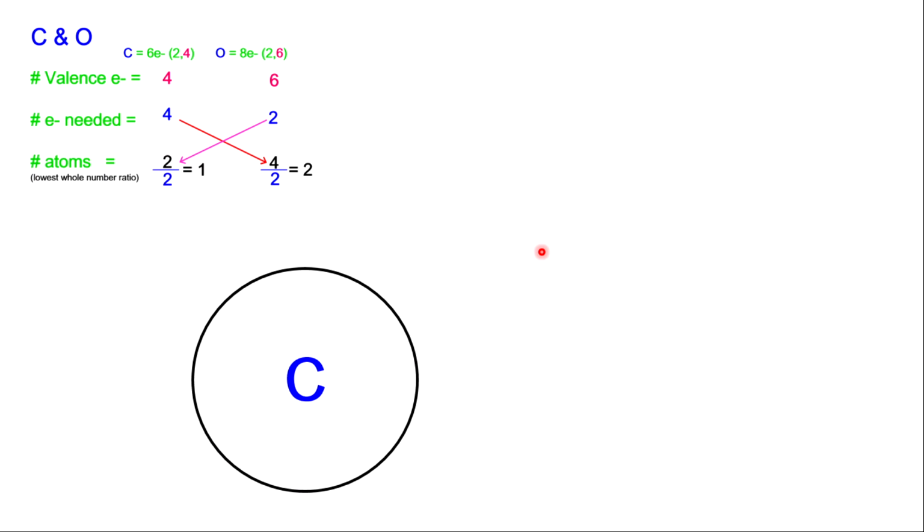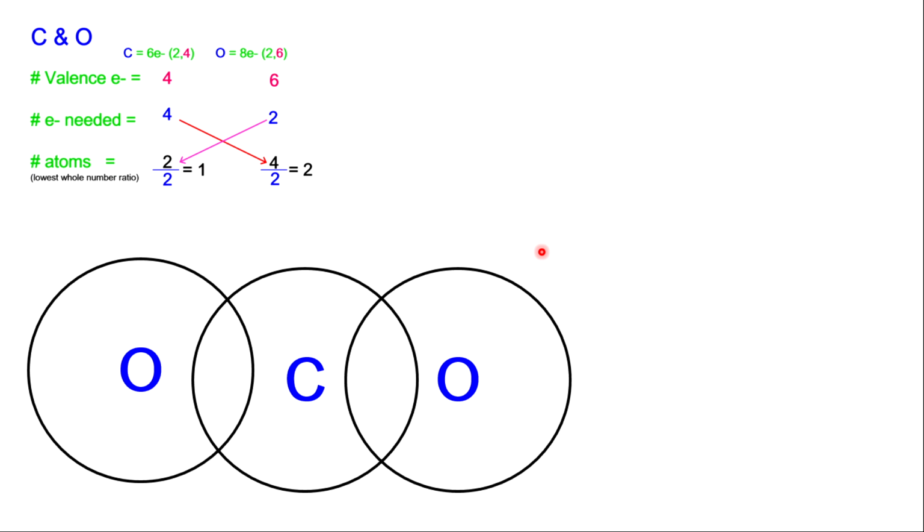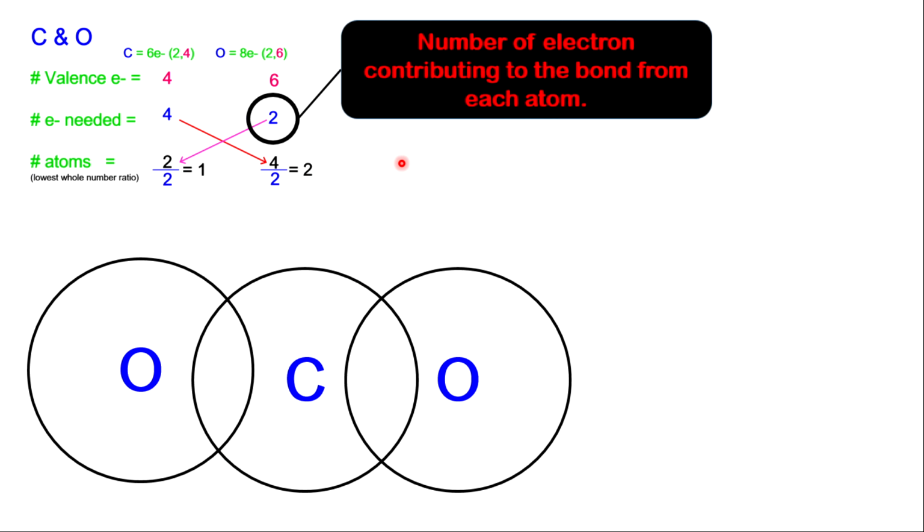So let's draw our 2 oxygen atoms. All right, draw them on either side. And then the next thing is to determine the number of electrons that go into the bonding section. Remember, what you do is look for the lowest number of electrons needed. So each atom must contribute 2 electrons to the bonding section.